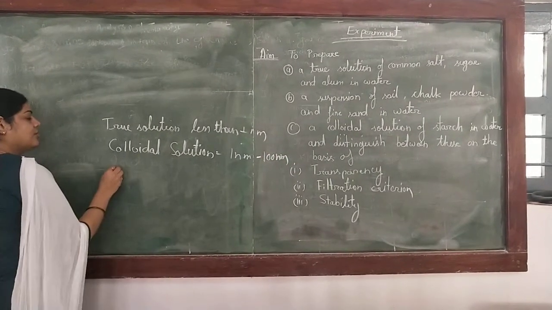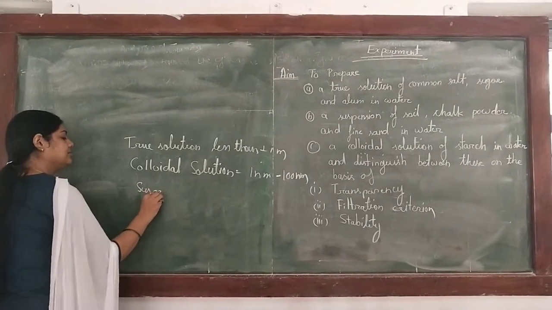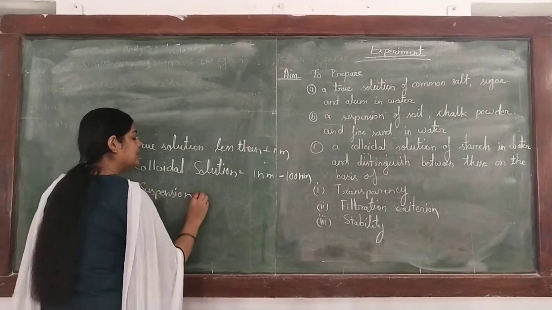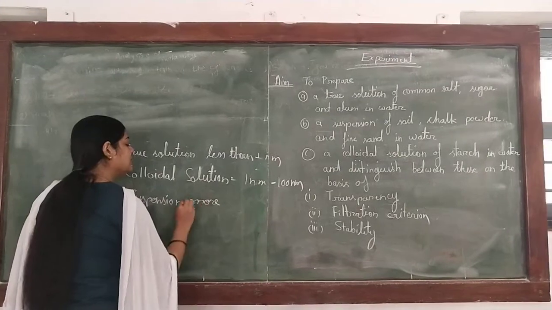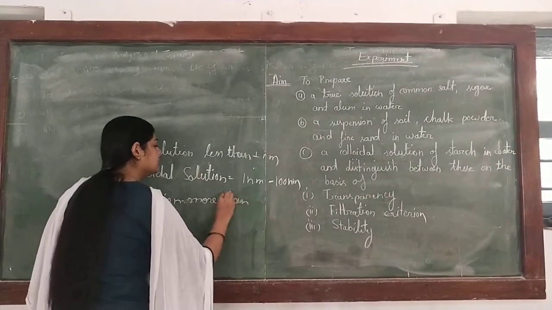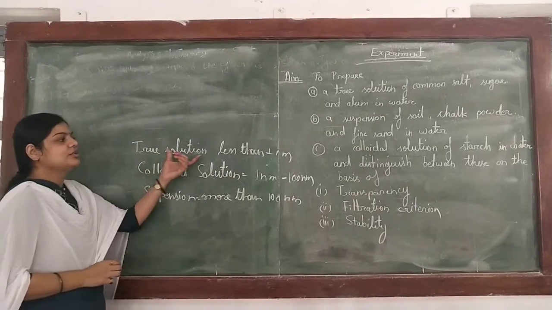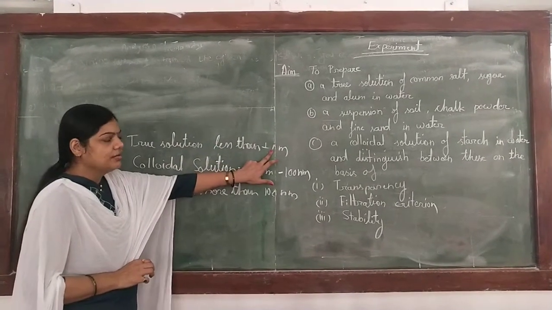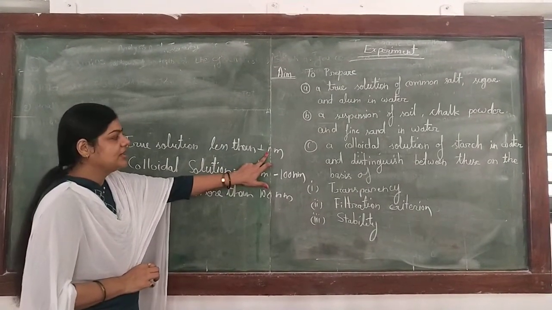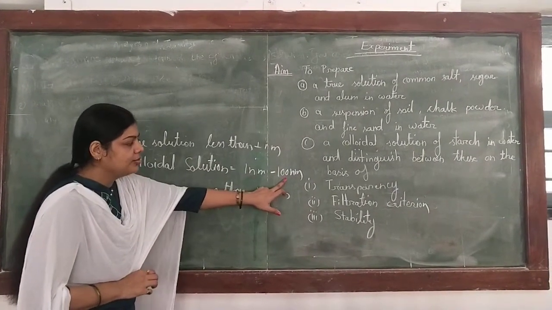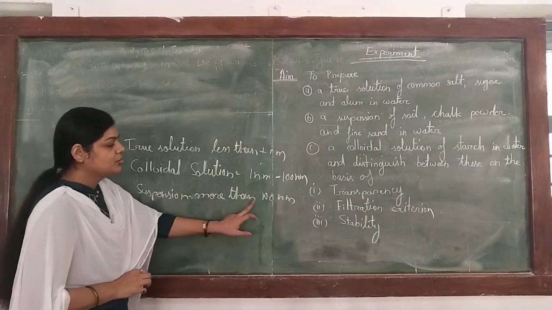And in the case of a suspension, the particle size is more than 100 nanometers. So as you can see here, in a true solution the particles are so small, 1 nanometer, that they cannot be seen by the naked eye. In a colloidal solution the particle size is 1 nanometer to 100 nanometers, and in a suspension it is more than 100 nanometers.